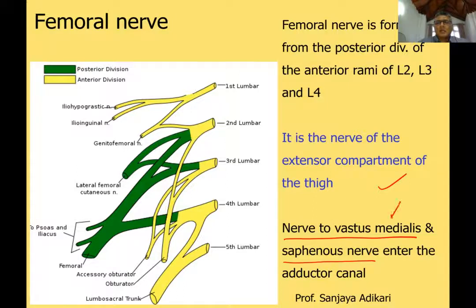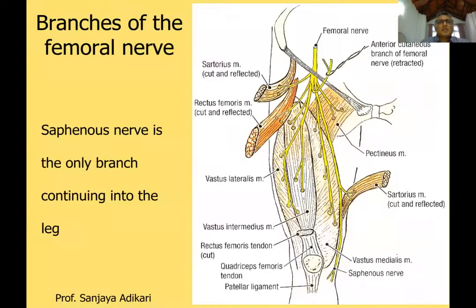One is a motor nerve, this one, and the other one is the sensory nerve. Okay, so we discussed the saphenous nerve on several occasions. So even though the femoral nerve is a large nerve, all its branches supply the large muscles in the thigh, anterior compartment, and that is the end of the nerve, except for the saphenous nerve, which enters the leg.